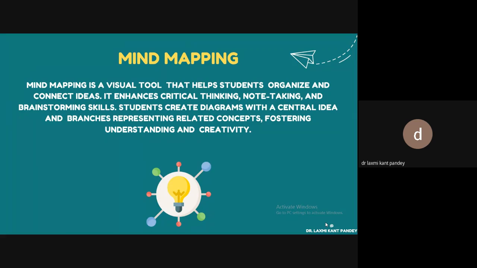But if you are using a visual tool, the remembrance and recall of the information increases. So this is called the brainstorming or the mind mapping method. In this method, we are using visual tools to help you remember and recall information in a very effective manner.